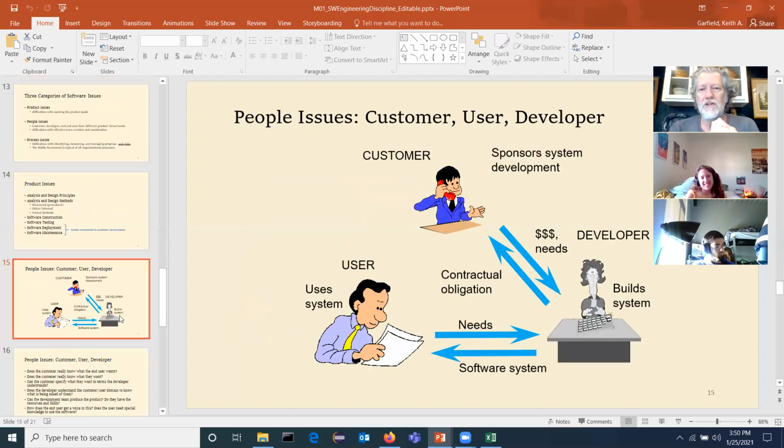Okay, let's talk about people issues a little bit. These are things that you may not think about until you go through it. By the way, for your project, I'm going to encourage you to try to find a real live customer. And by a real live customer, I don't mean a paying customer, but I mean a customer who will take your product when you're done with it and use it, and who is not part of your team.